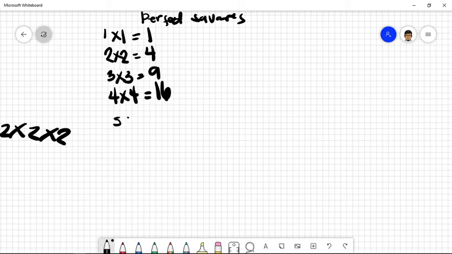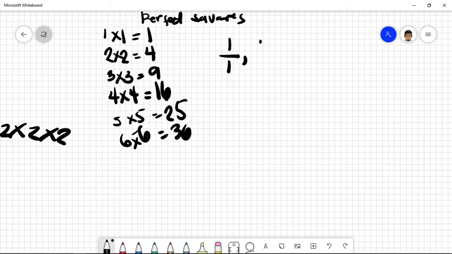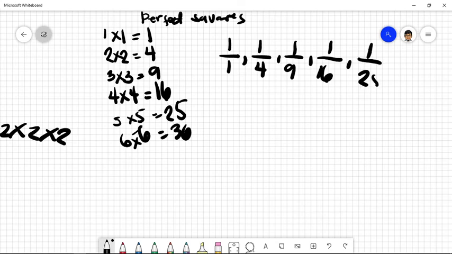O 5 times 5, that is 25. 6 times 6, that is 36. So, meron na tayong pattern. Ibig sabihin, yung mga denominators natin na given, say 1 over 1, 1 over 4, 1 over 9, 1 over 16, 1 over 25. Kung papansinin mo ito, makukuha siya by multiplying 1 times 1 or multiplying 1 to itself.